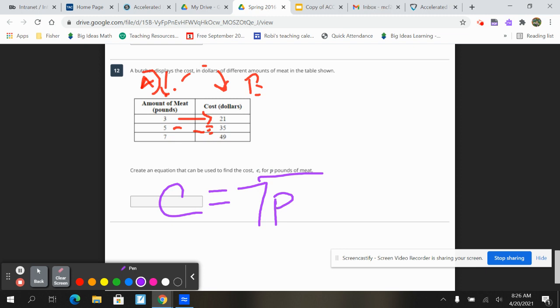There's your equation. It's a multiplication equation to find out the cost of dollars per pound. If it says write an equation, you better have a what in it? You better have an equal sign in there. And generally, they're going to give you the variables. You don't get to pick your own. But if you would just write down 7, that is absolutely not correct.